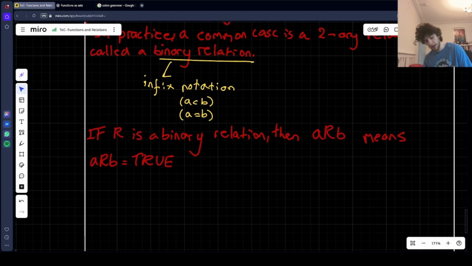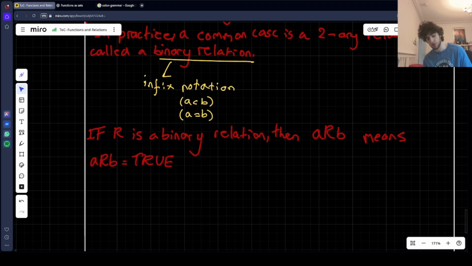So when I plug a and b into my relation, which is effectively just a function, the output of that function is true, because it has to be true or false since it's a relation. And the input here is a two-tuple, or an ordered pair, and so it's a binary relation.